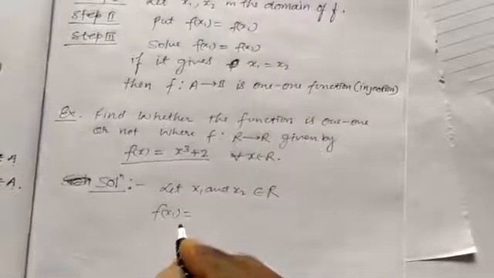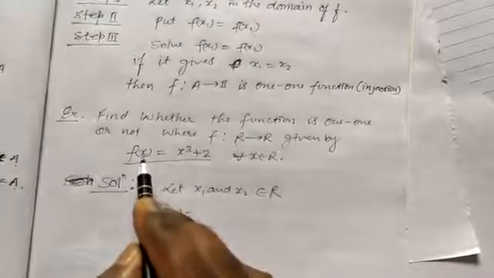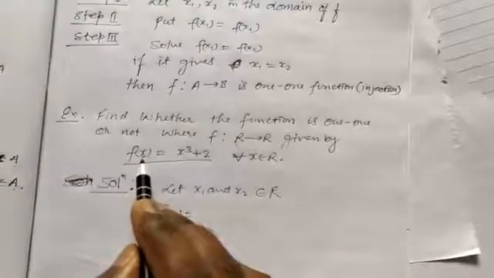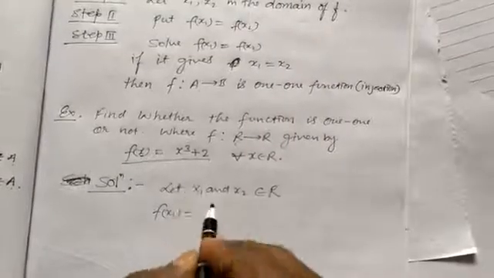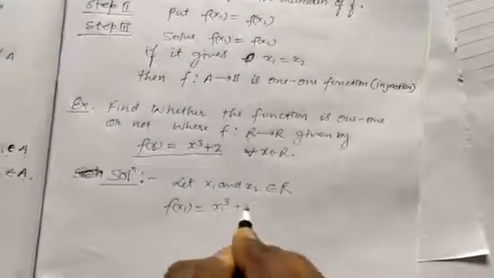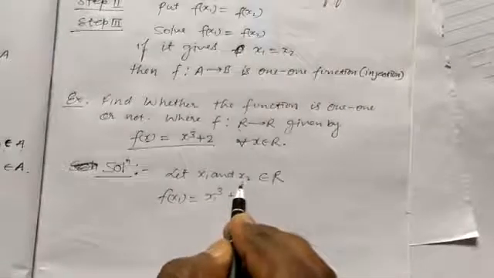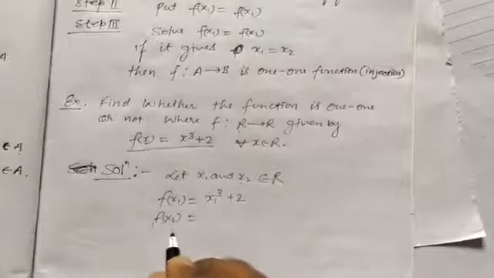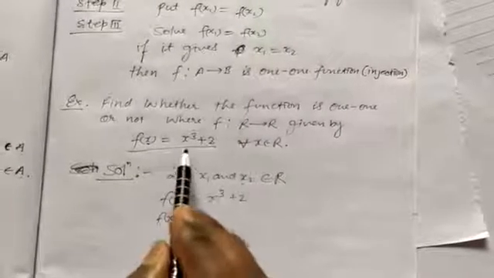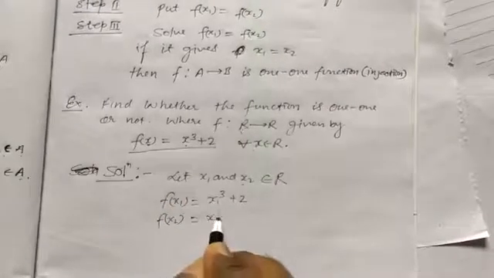How do you find it? Substitute the value of x as x1. On substituting x equals x1 on the left side and right side, you will get x1 cube plus 2. Again you have to find the value of the function for x2. This will be f(x2). You will get it on putting x equals x2. This will be x2 cube plus 2.